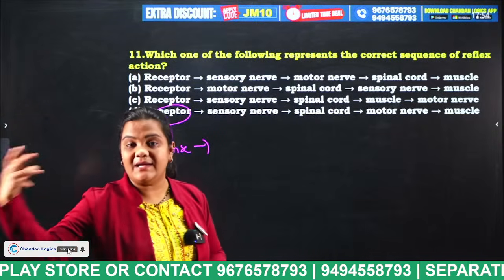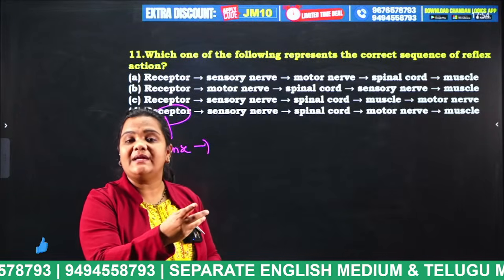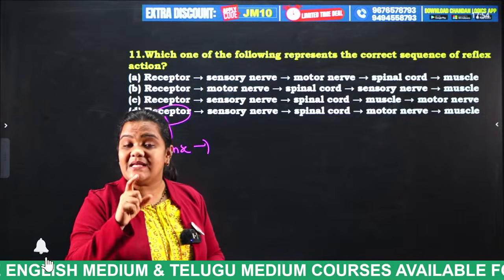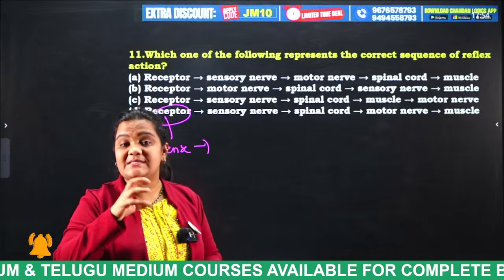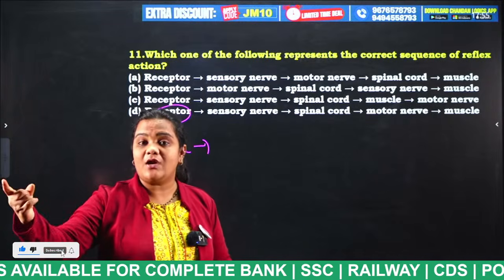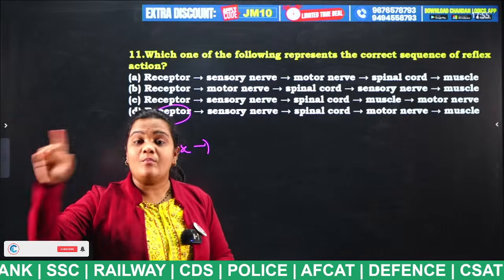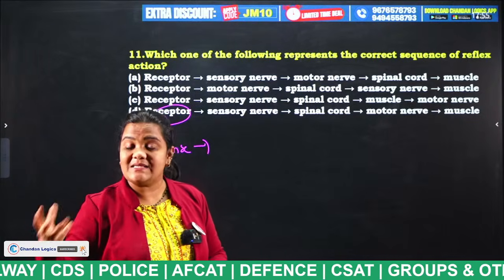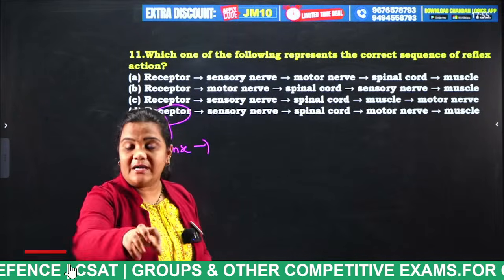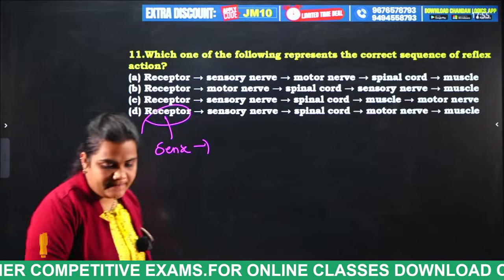The receptor senses the heat and sends a signal to the sensory nerve, which sends the signals to the central nervous system, and from there to the spinal cord. The spinal cord processes the signal and sends it to the motor nerve. The motor nerve carries the signal to the target organ, and that target organ responds with the help of muscles. Okay. Next.